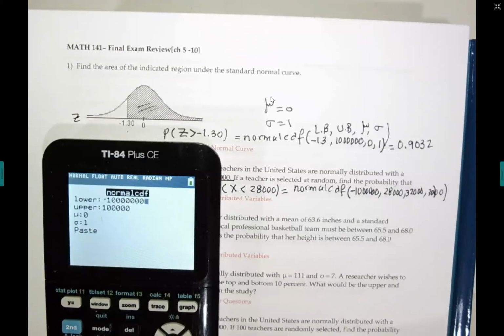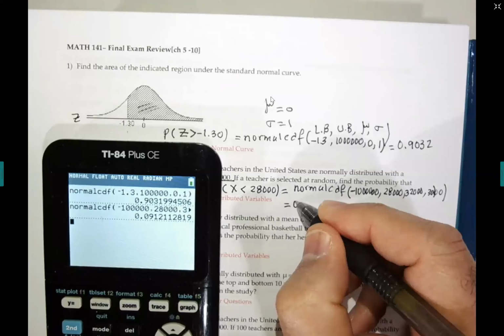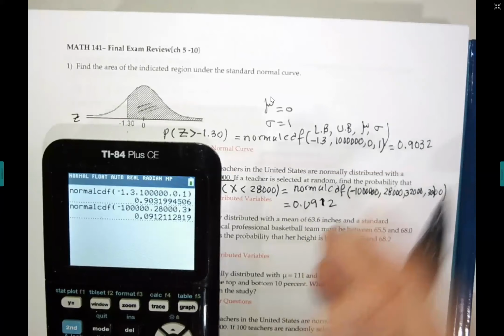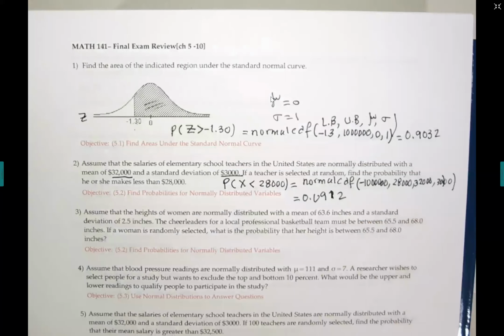Put as many zeros as you want. Upper is 28,000. Mean is 32,000. And the standard deviation is 3,000. Here you go. That's the answer. 0.0912, to 4 decimal places. All right. So that takes care of question 2.